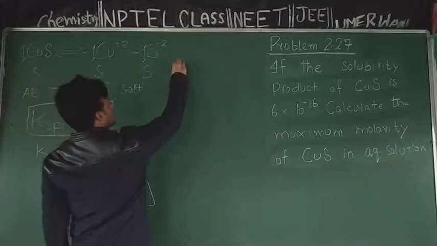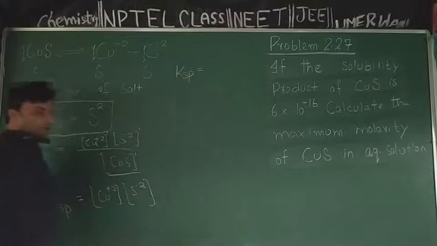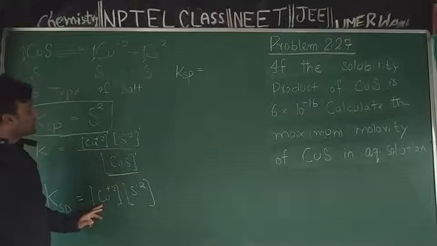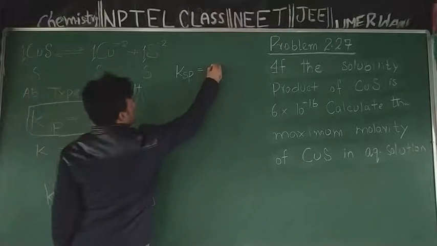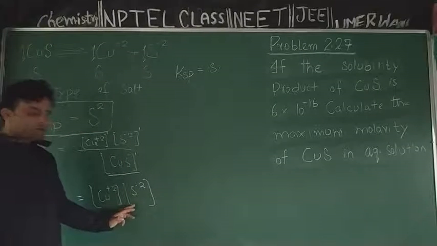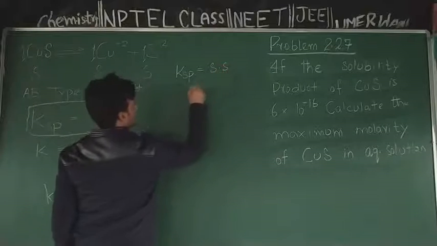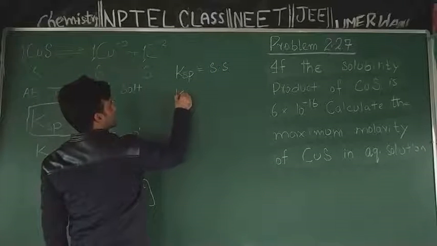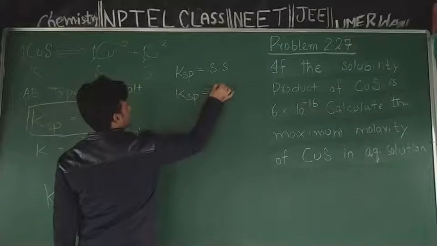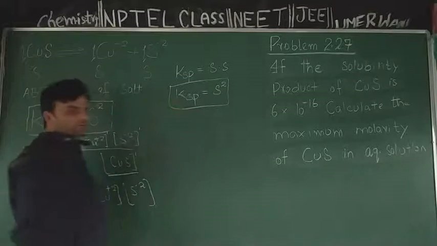Therefore I can write KSP, the solubility product, is equal to, instead of the maximum concentration of copper ion, the solubility of copper sulfide, S. And instead of the maximum concentration of sulfide ion, solubility, that is S. So for an AB type of salt, for copper sulfide, solubility product and solubility are related by this equation: solubility product is the square of solubility.